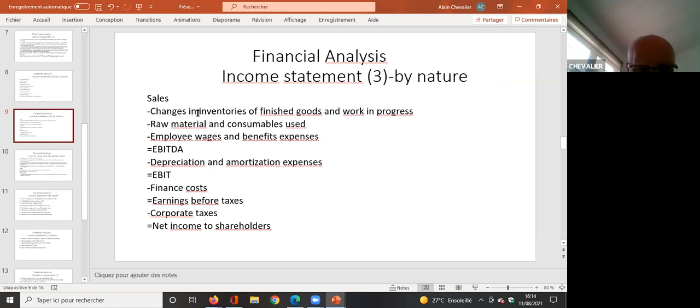But now you have a distinction, which is not by function, but by nature of the expenses. Inventories, raw material, consumables, wages, benefit expenses for employees, and so on.